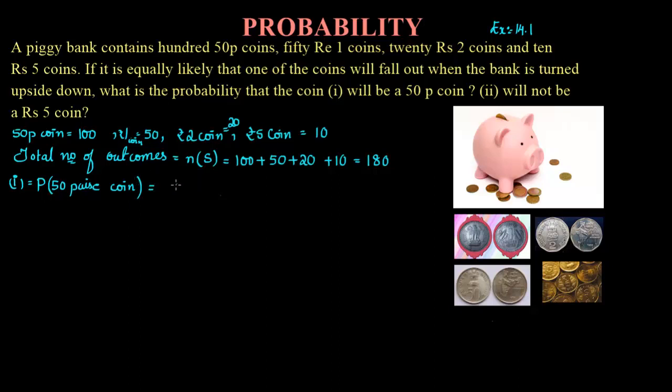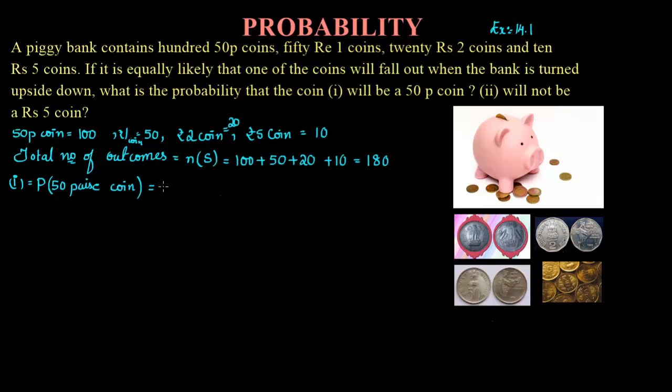It is nothing but the total number of 50 paise coins divided by the total number of coins in the piggy bank, right? So number of favorable outcomes and total number of outcomes.